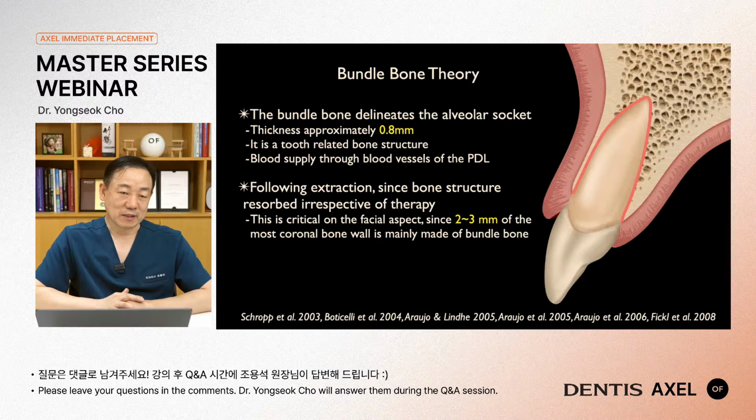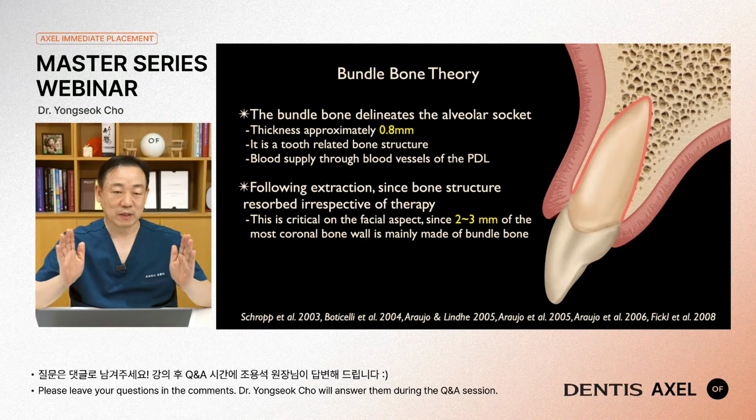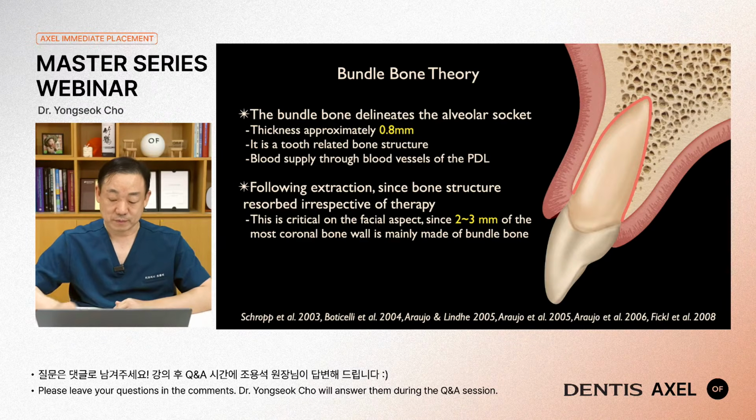Because of very thin labial bone thickness in anterior maxilla, it is totally bundle bone from crest to about 5 millimeter. So when we extract the anterior tooth, inevitably labial bundle bone will be lost. As a result, the volume will be reduced. Okay.